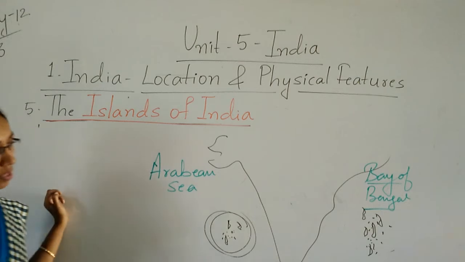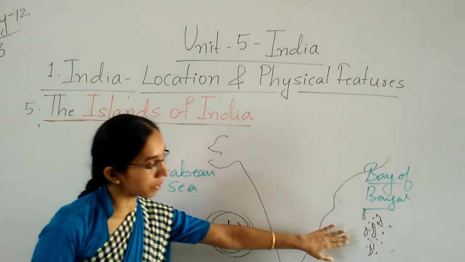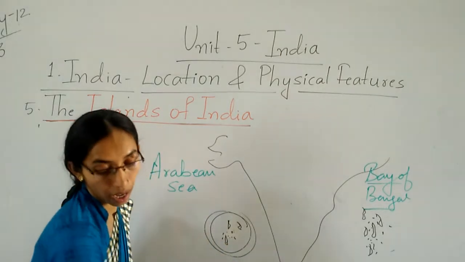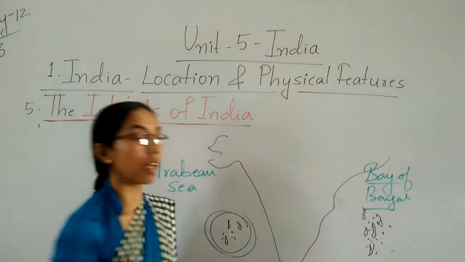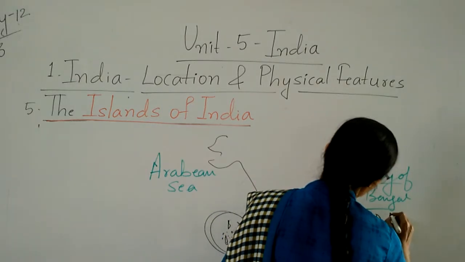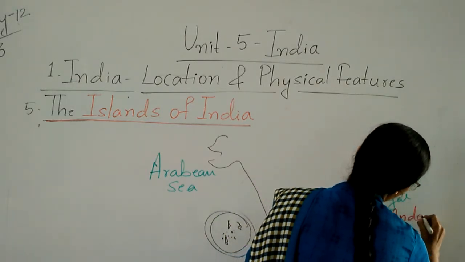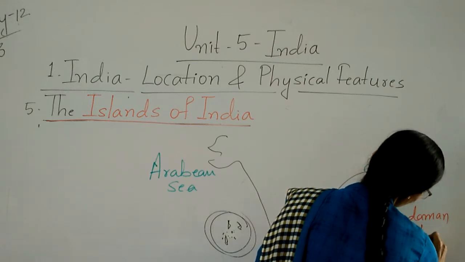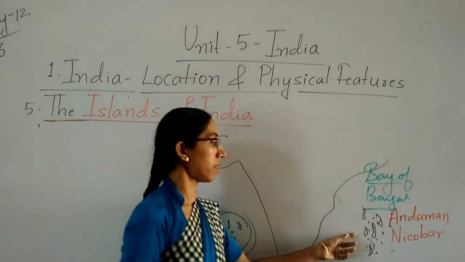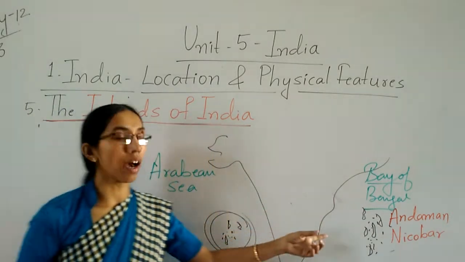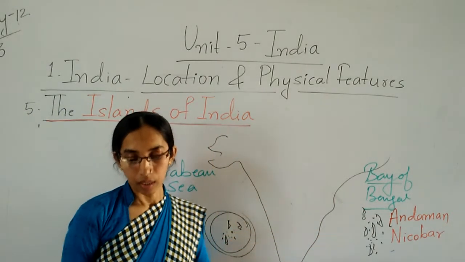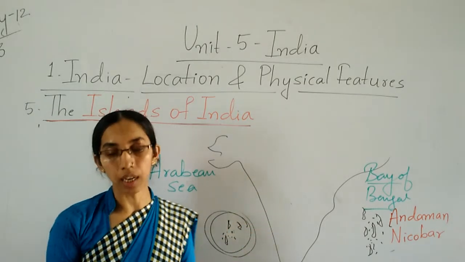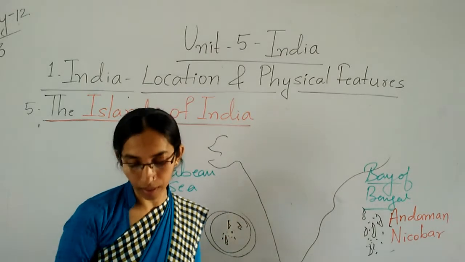Okay, children. So this side, here we can see the Andaman and Nicobar islands. See the small dots. It's an island. Okay, children. So Andaman and Nicobar have nearly about 572 islands.